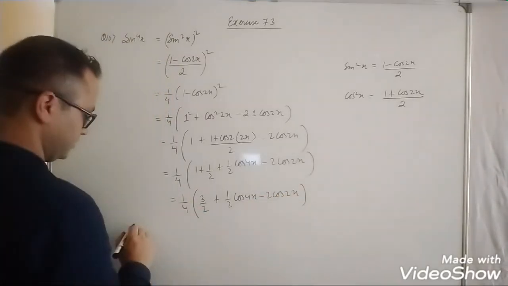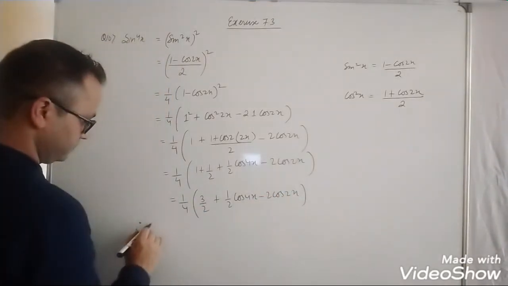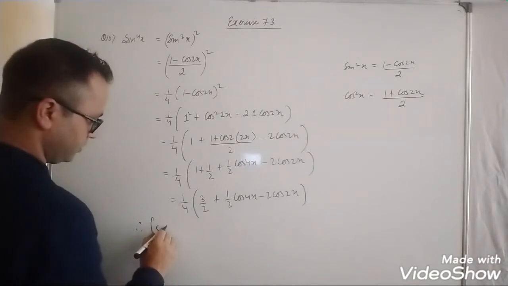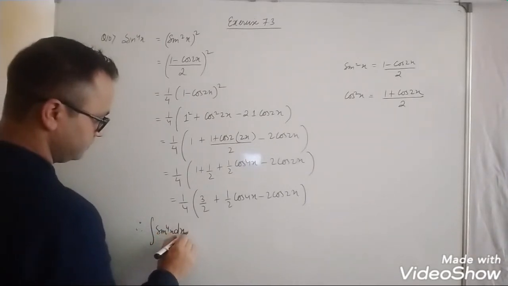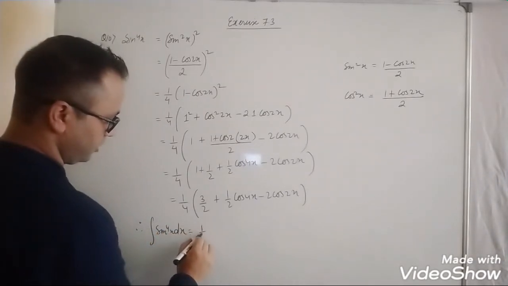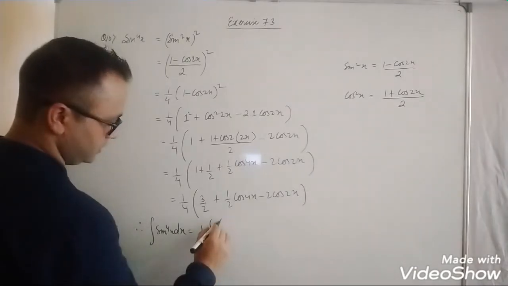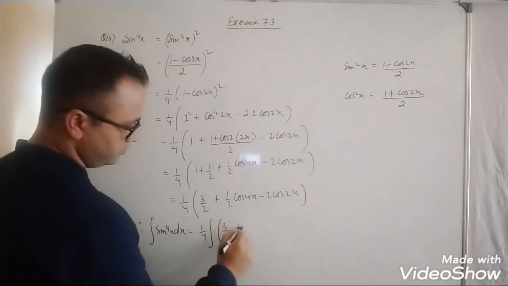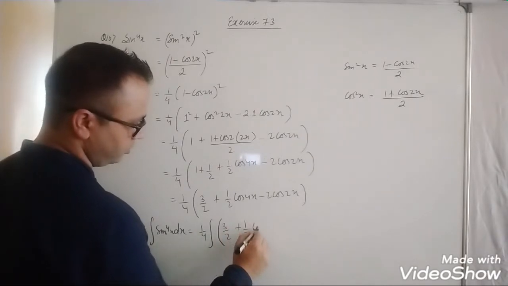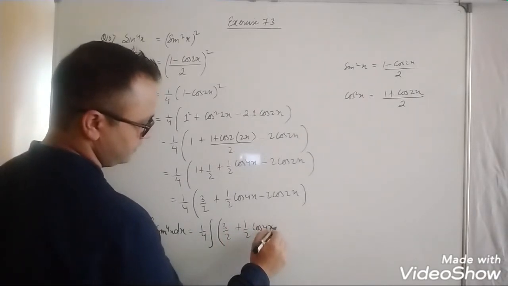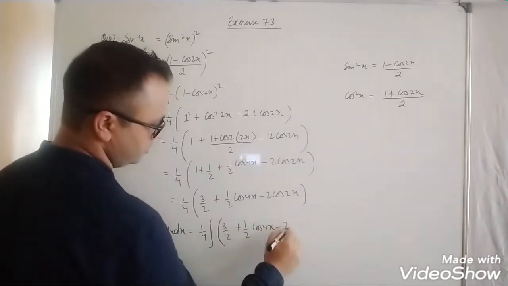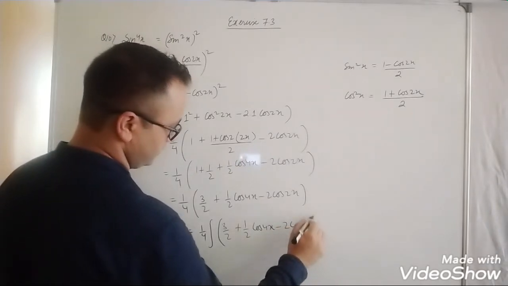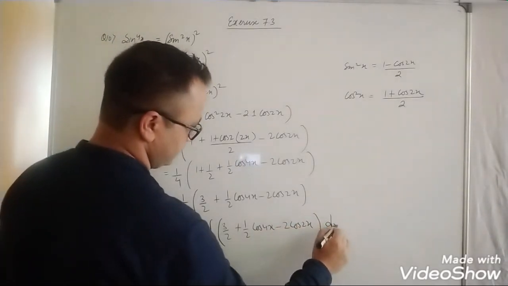Now we can integrate. Therefore, integration of sine to the power 4x dx equals, we can take 1 by 4 outside, integration of 3 by 2 plus 1 by 2 cos 4x minus 2 cos 2x dx.